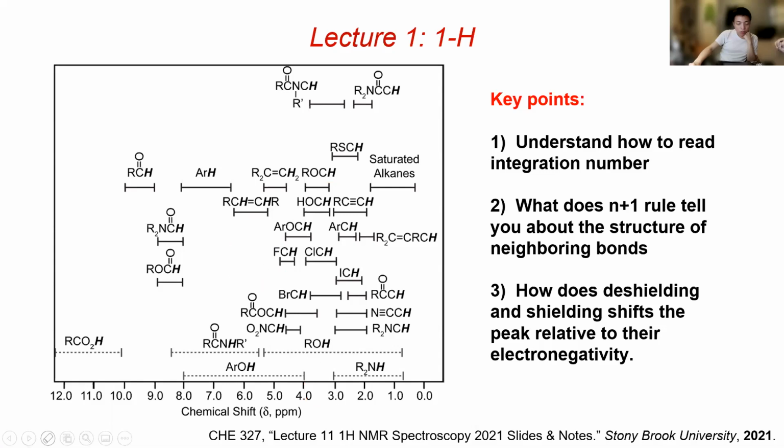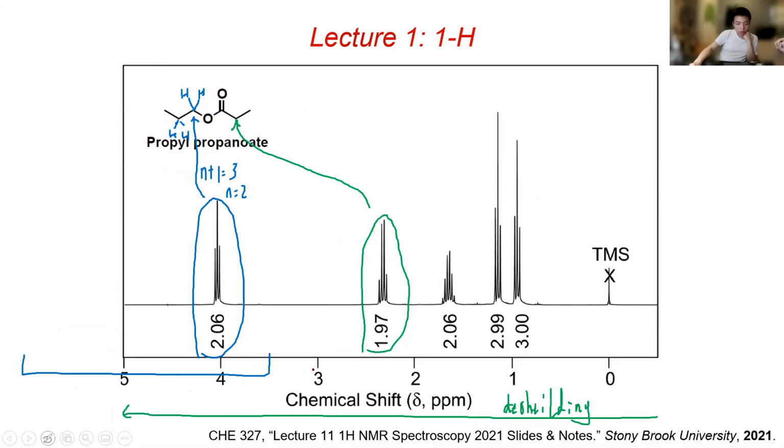What we are looking for is the alpha carbon, which is this one. And it's around 3 to 2. Then what do we have? Around 2. So yeah, it's this one. And n plus 1 equals 4 and n equals 3. 3 neighbor hydrogens. That makes sense.